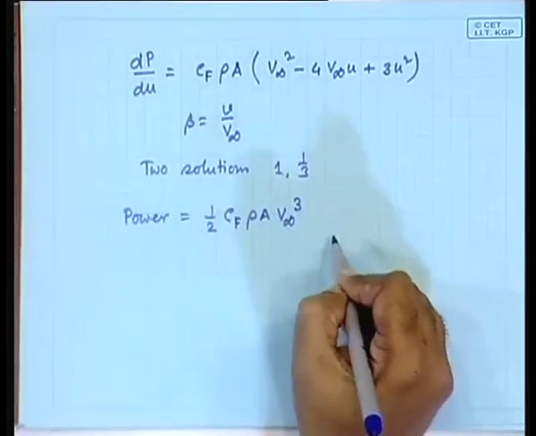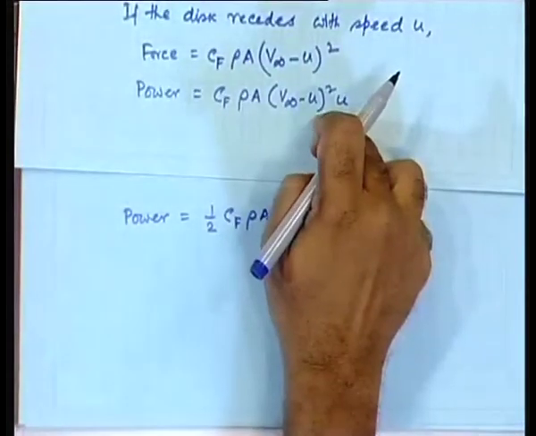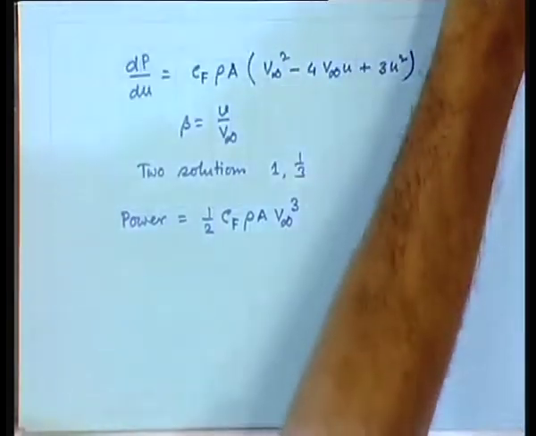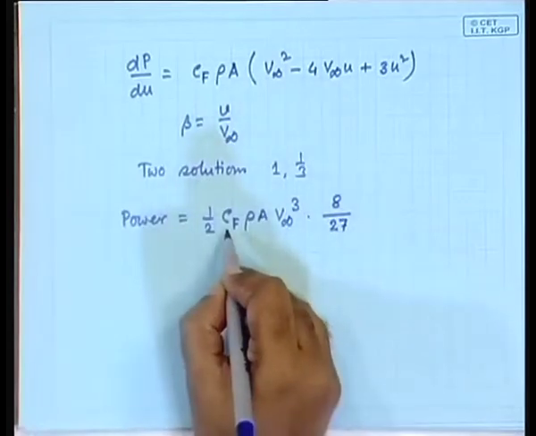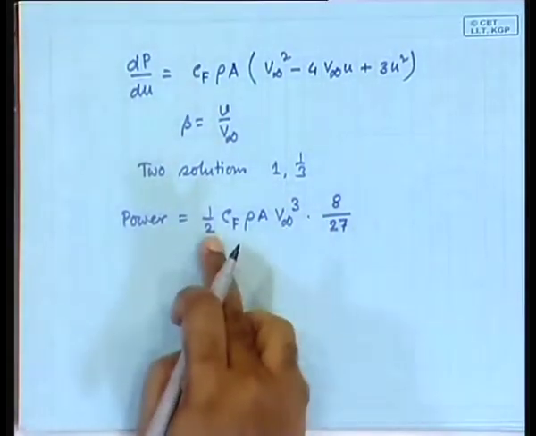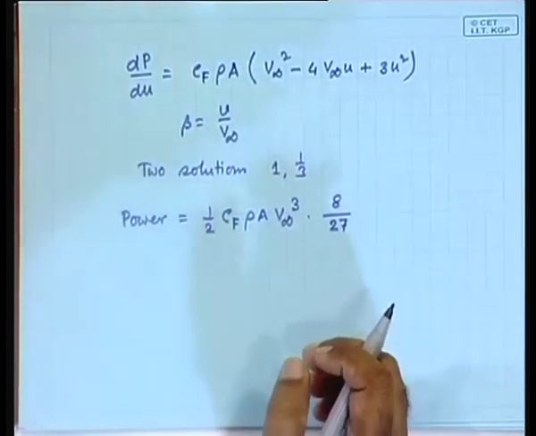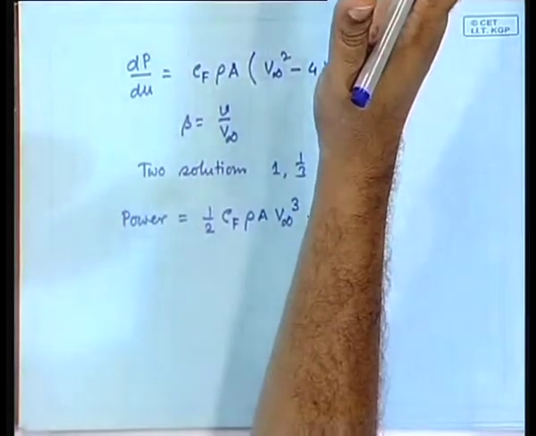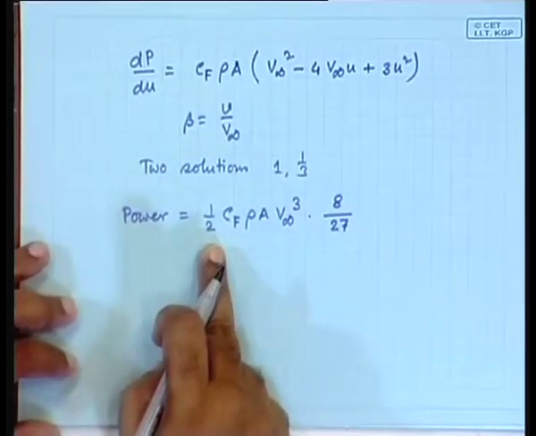Yes, if you substitute this in here, you get 8 by 27. Cf is an additional thing. Ideally, you can assume it to be 1. Assume that the whole of the momentum lost by the wind is transferred into the disk. Even if that is so, what is the ideal efficiency? 8 by 27, half of the ideal efficiency we have obtained earlier. Why? Because in this case it is working on the thrust principle.